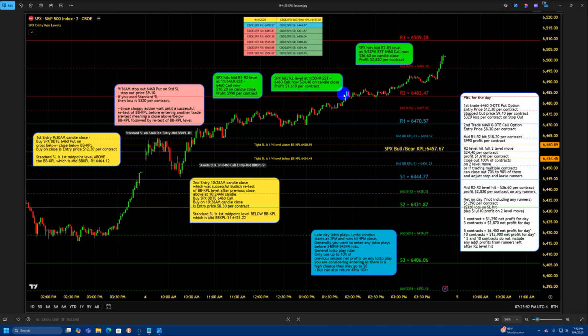Then alternatively, at this point, when it hits a 2-level move up, and you have 2 levels worth of profit, if you do not want to close out all contracts and you're trading 4 or more contracts, then what you can do is instead sell 75 to 90% of those contracts, adjust your stop on the remaining contracts, and leave those as runners to see how far up it may go.